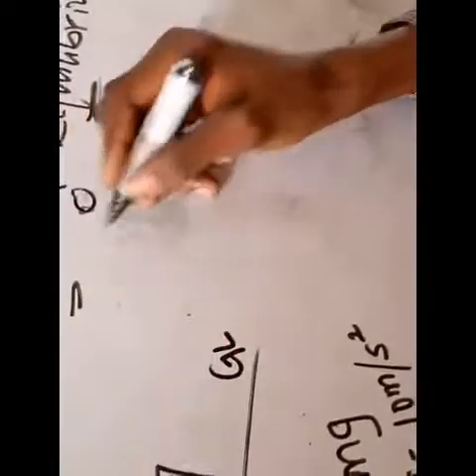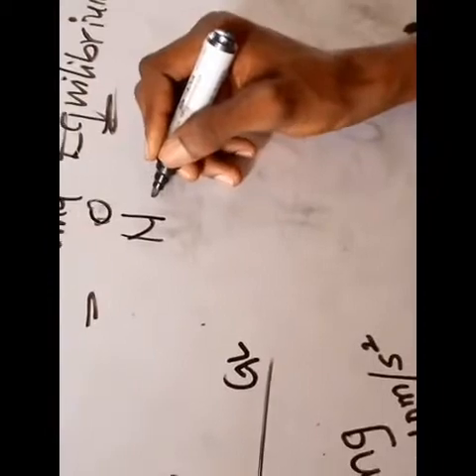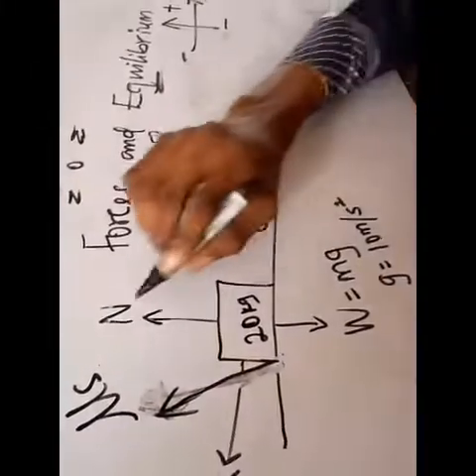So to get your normal reaction, you need to resolve the components. Like the last time I told you in class, if you are resolving vertically, you have this as positive and this as negative. You have your x-axis as positive and your y-axis as negative. So I'm going to resolve this component here.